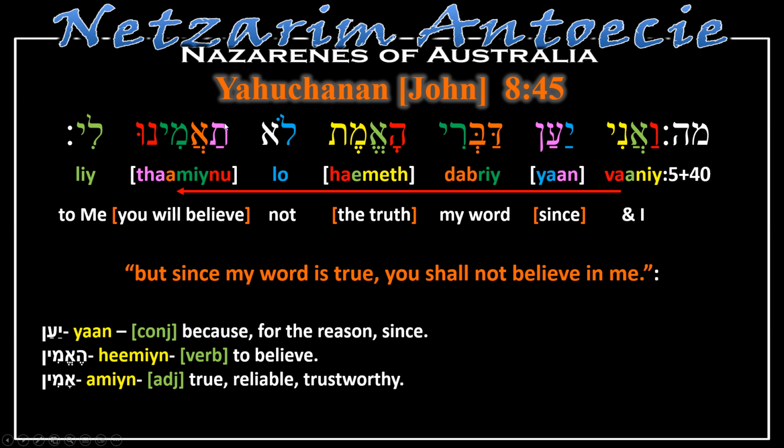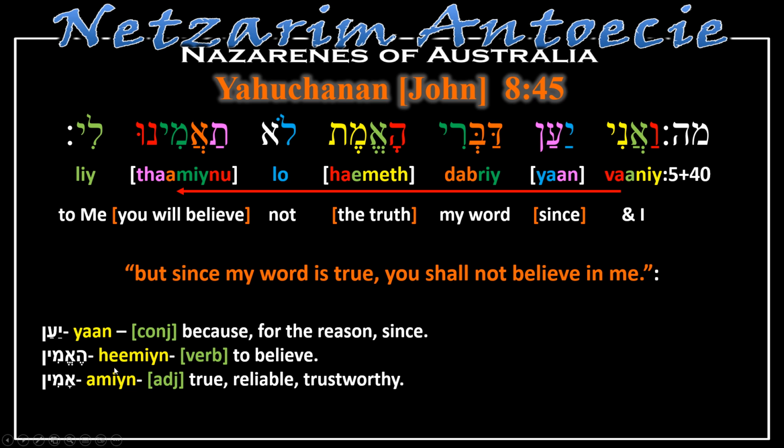Now the pronoun is also the tav together with the ending, which is the vav, and it means you, and it's an imperfect form, will believe. And then li, meaning to me. Usually it'll say in me, but it literally means to me. But since my word is truth, you shall not believe in me.